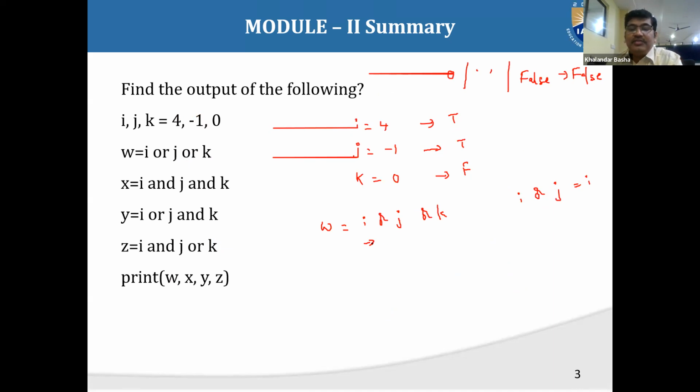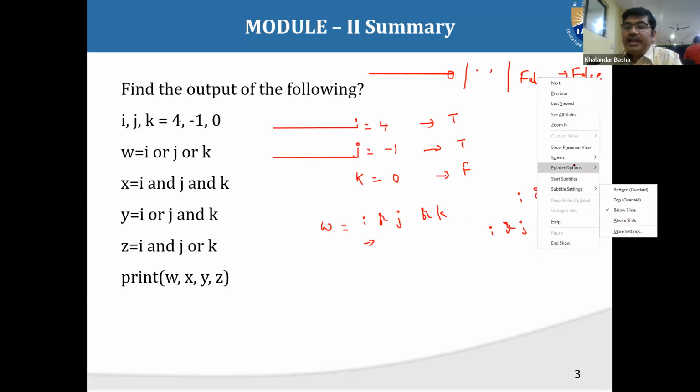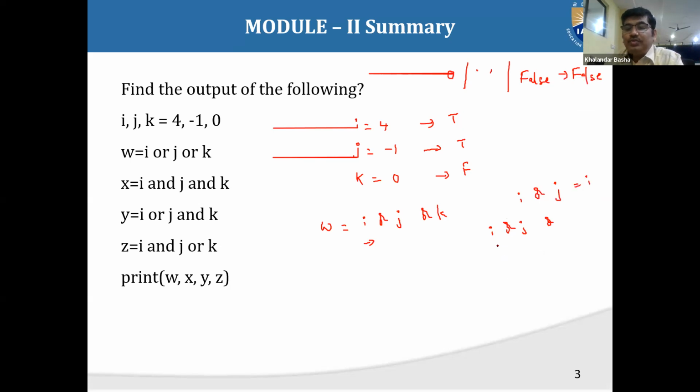Next, we have i ORed with j, ORed with k. Already we have done i ORed with j, and we got i. So we replace these two with i. What is left is i ORed with k.